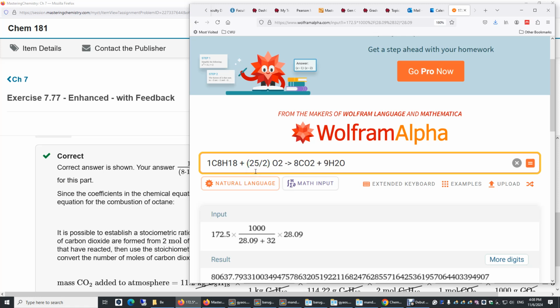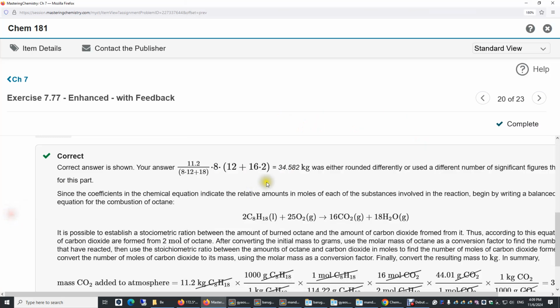Now we have this chemical equation balanced. Mastering chemistry does not allow fractions as coefficients, so we'll just multiply every coefficient by 2. This will become 2, this will become 25, this will become 16, and this will become 18. So you get this equation: 2, 25, 16, 18.